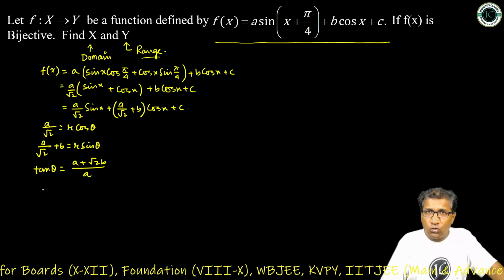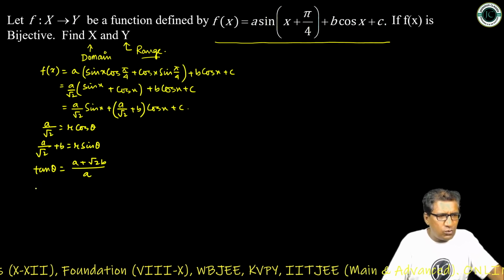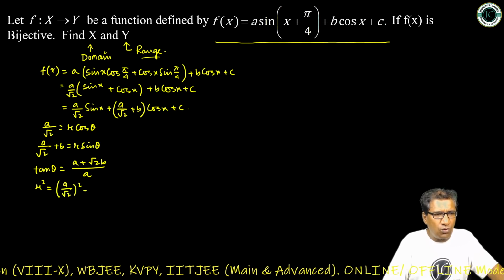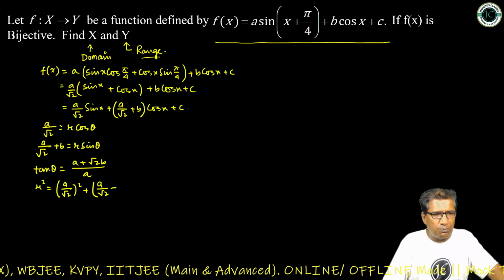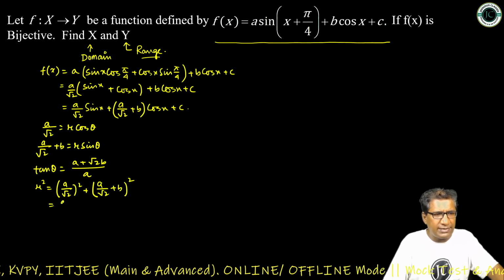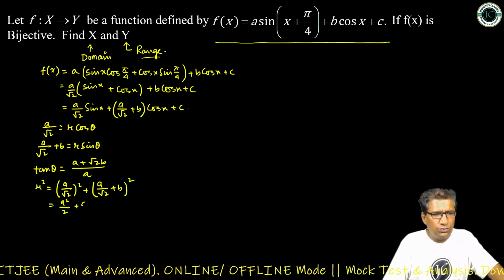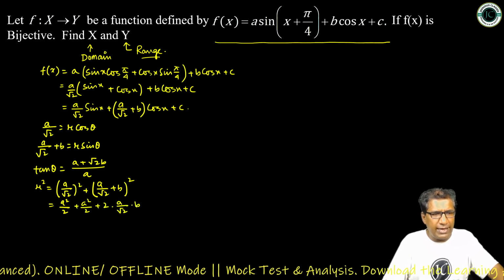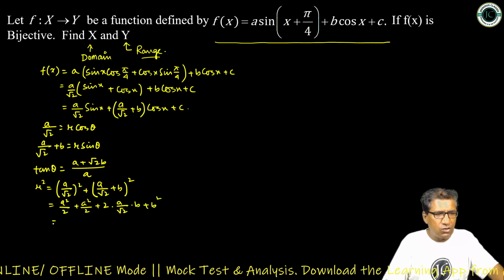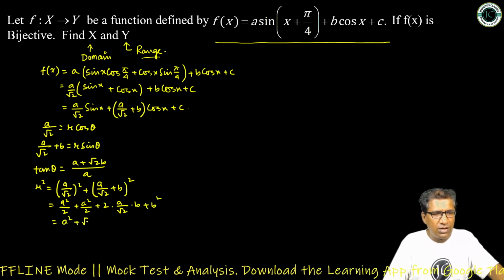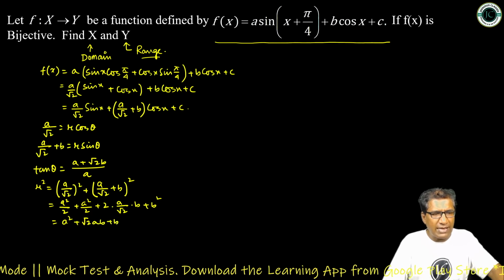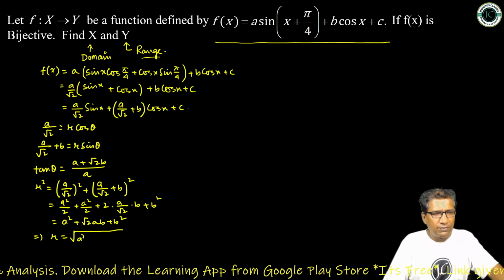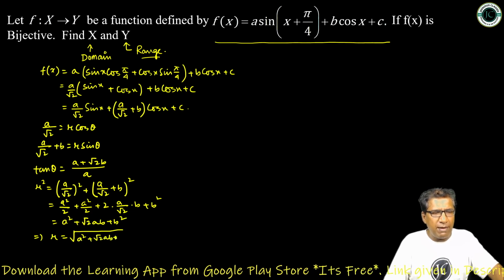And if we square both sides and add, we are going to have r square equals to (a by root 2) whole square plus (a by root 2 plus b) whole square. So if I open it, a square by 2, a square by 2 plus 2 times a by root 2 b plus b square. So we are having a square plus root 2ab plus b square. So that implies your r is under root a square plus root 2ab plus b square.